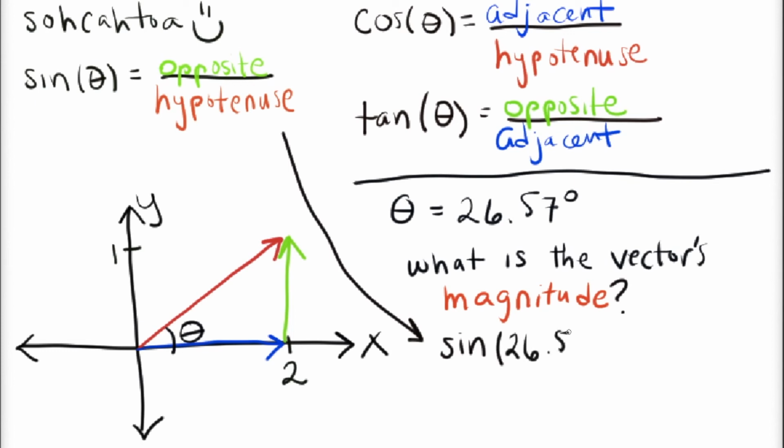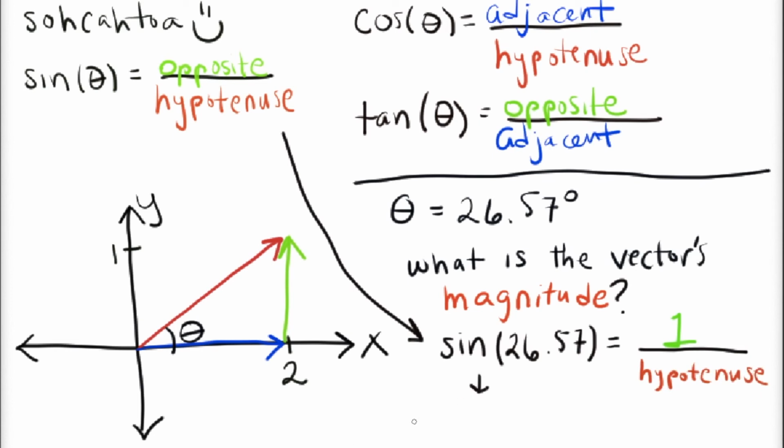So sine of 26.57 equals opposite over hypotenuse. Looking at our plot here, we know that opposite is just our Y component of our vector, so that is equal to 1. And then our hypotenuse is what we're solving for. The hypotenuse is the magnitude of the vector.